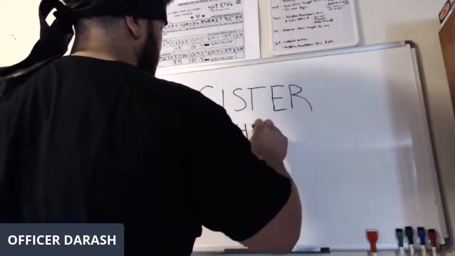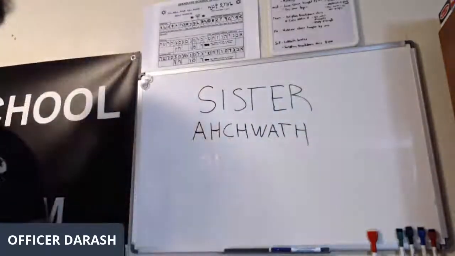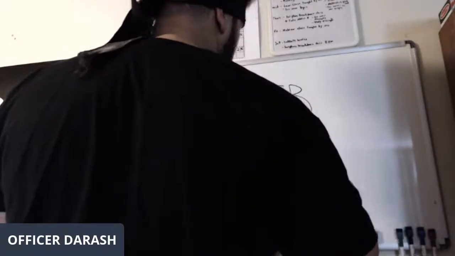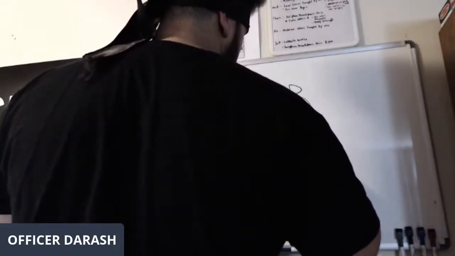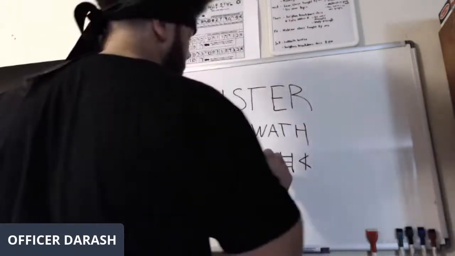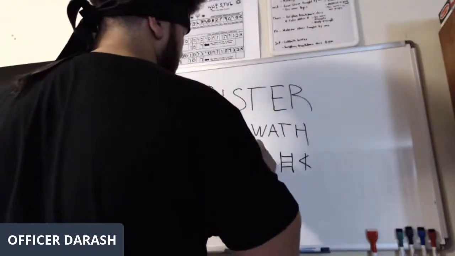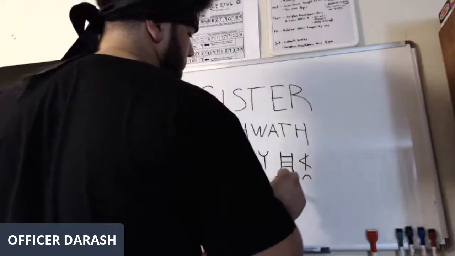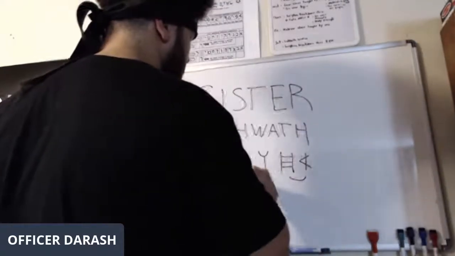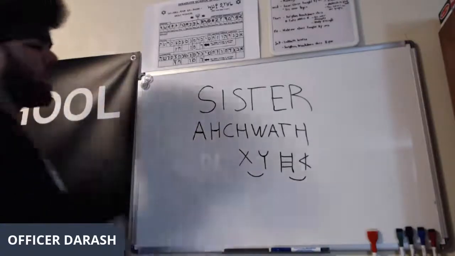And then Akwa. All right. That is La, Kama, Wawa, Tha. Akwa. That's sister. And the Lashawan Qadash in the Assyrian.